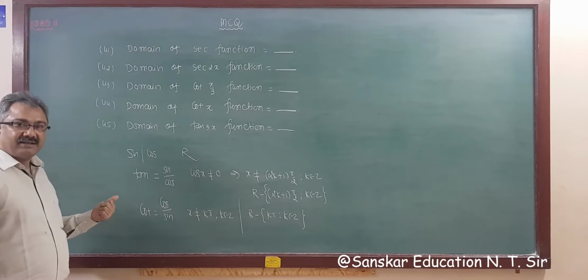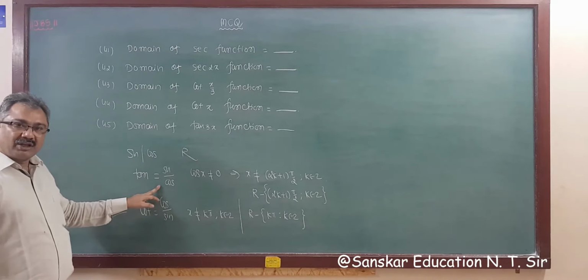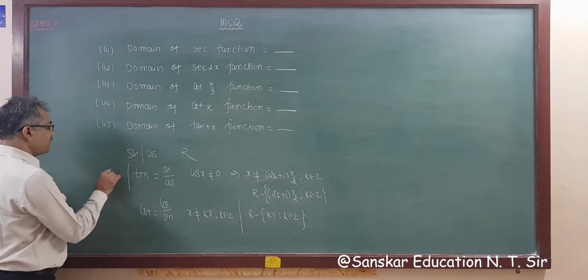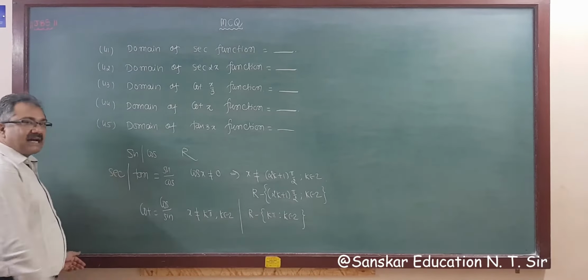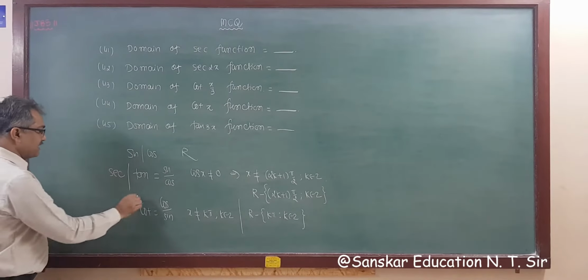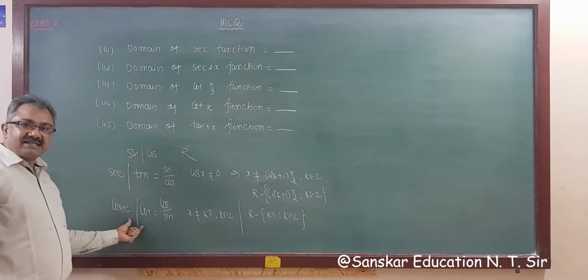So now sec. Sec is 1 upon cos. So same thing, cos not equal to 0, that is R minus this. So sec function's domain and tan function's domain are same, and cosec is 1 upon sine, so cosec domain is same as the cot function's domain.